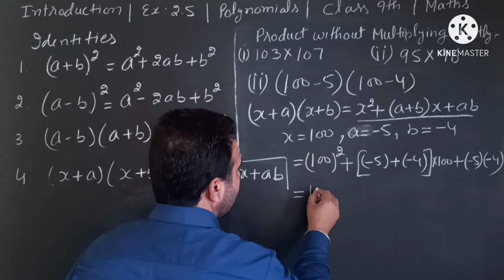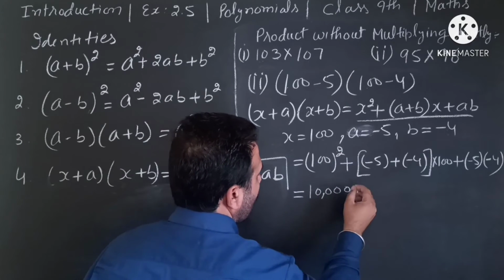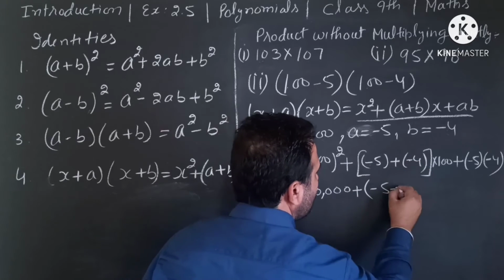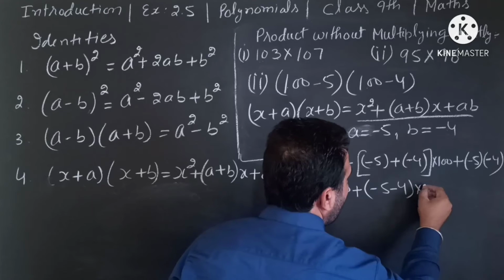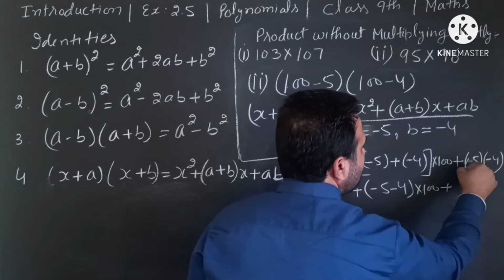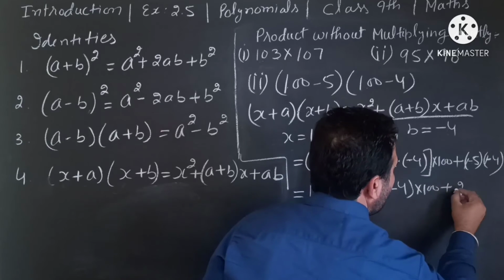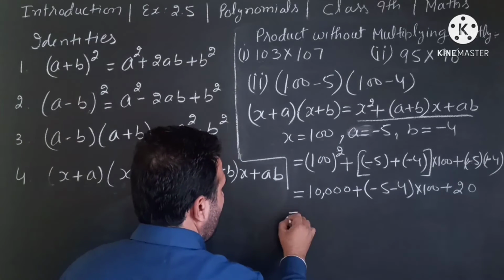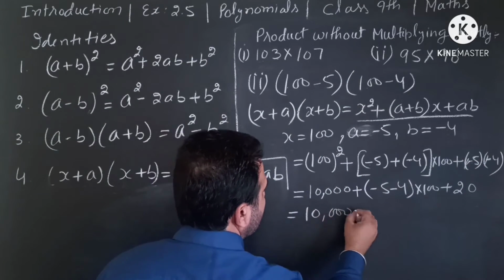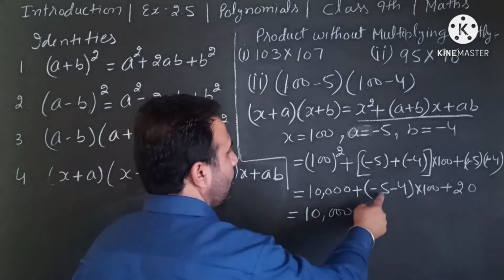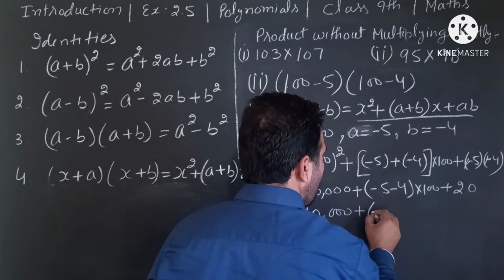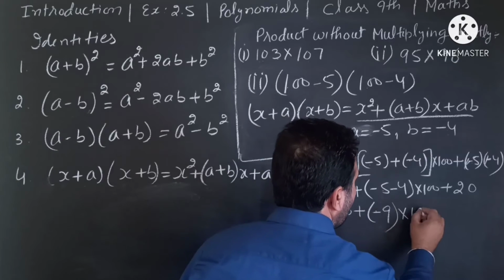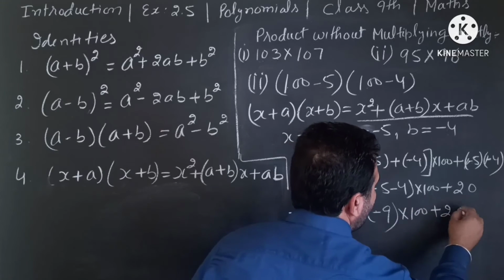100 power 2, that is 10,000, plus bracket -5 plus -4 multiply by 100 plus minus cancel, 4 5 are 20. Okay, now 10,000, minus plus 4 plus 5, that is 9, and the bigger number's sign we will take, multiply by 100 plus 20.